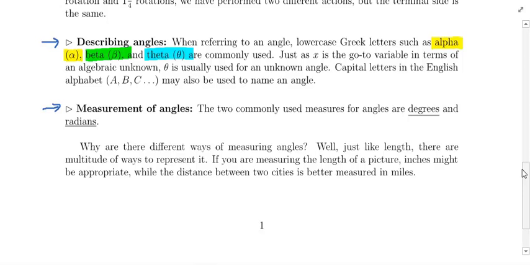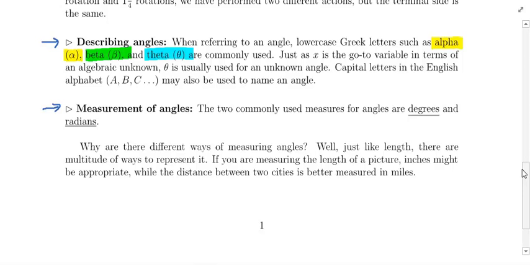In trig, the two commonly used measures for angles are degrees, which you're hopefully used to, and radians. You may not have dealt with radians before. It probably will be a new concept to you. Radians is just another way of measuring an angle. It's going to take some getting used to, so I'm just giving you a word of warning. But in trig, we will concentrate on measuring angles in both degrees and radians.